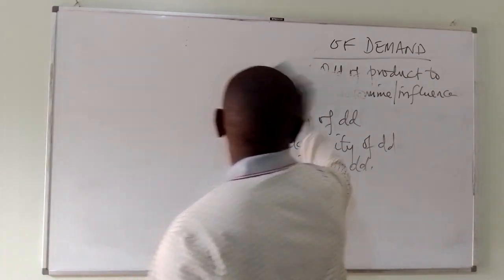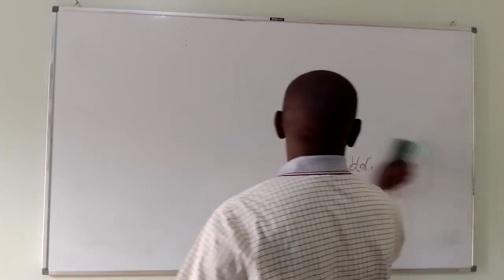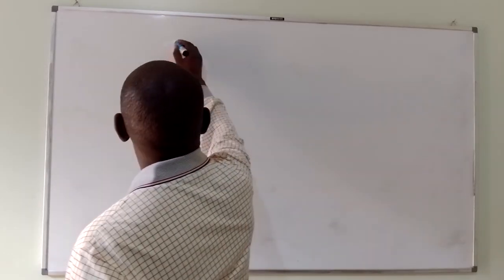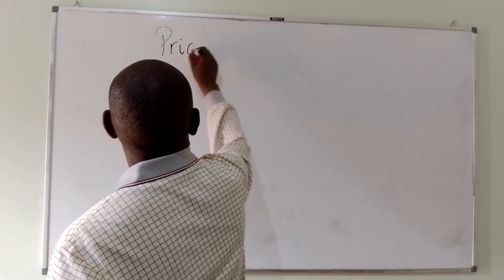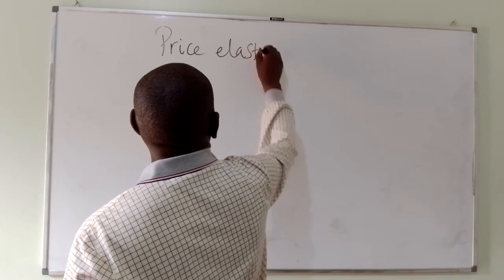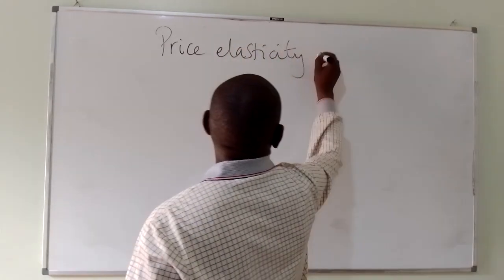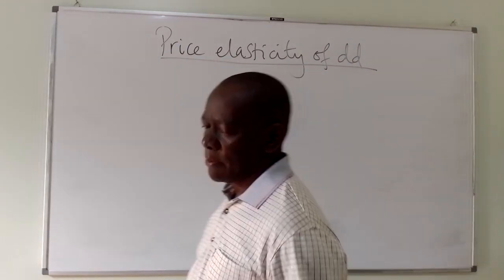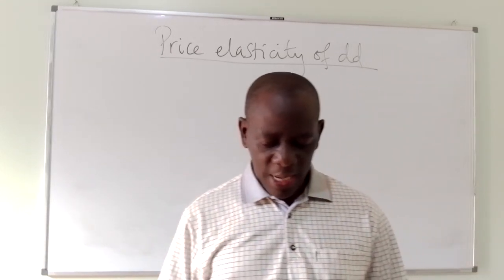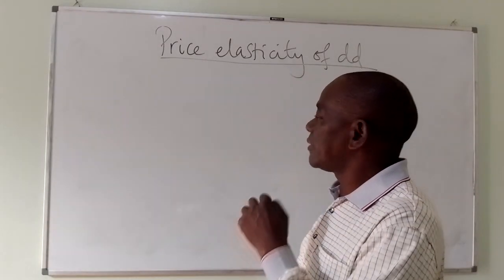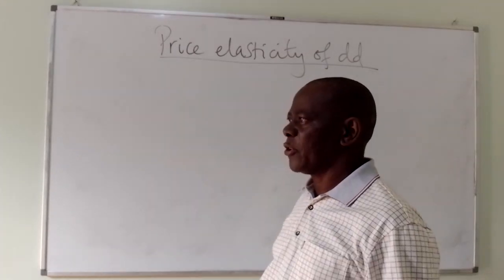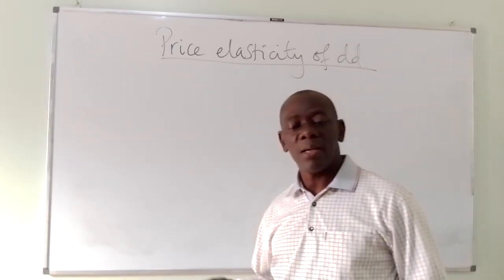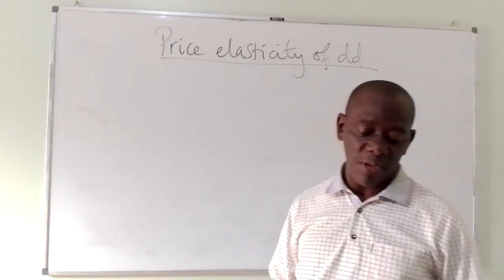We begin with the price elasticity of demand. As I said earlier, there are some abbreviations that we use in economics, but these are basically used when we are making our notes.